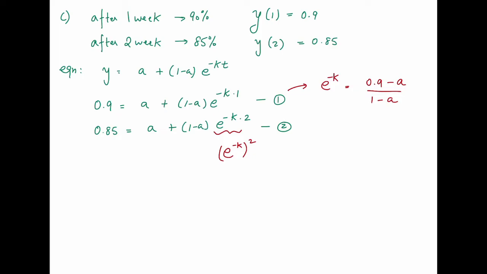So I can just plug in the e to the power negative k value and go from that point onwards. So if you plug it in, your equation 2 becomes 0.85 equals a plus (1 minus a) times ((0.9 minus a) over (1 minus a)) squared.